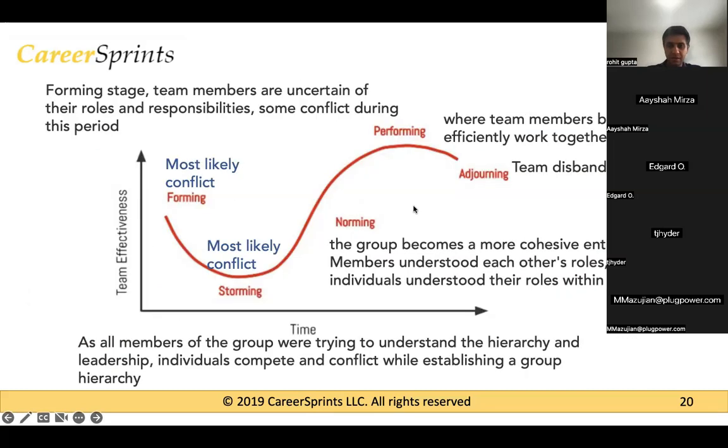Next is the norming stage, right? So let's talk about that. When we are in norming, the group becomes a more cohesive entity and members understand each other's roles, and individuals have also understood their roles within the group. So basically norming is a stage where things are starting to become a little smooth. People now understand each other's personalities, right?